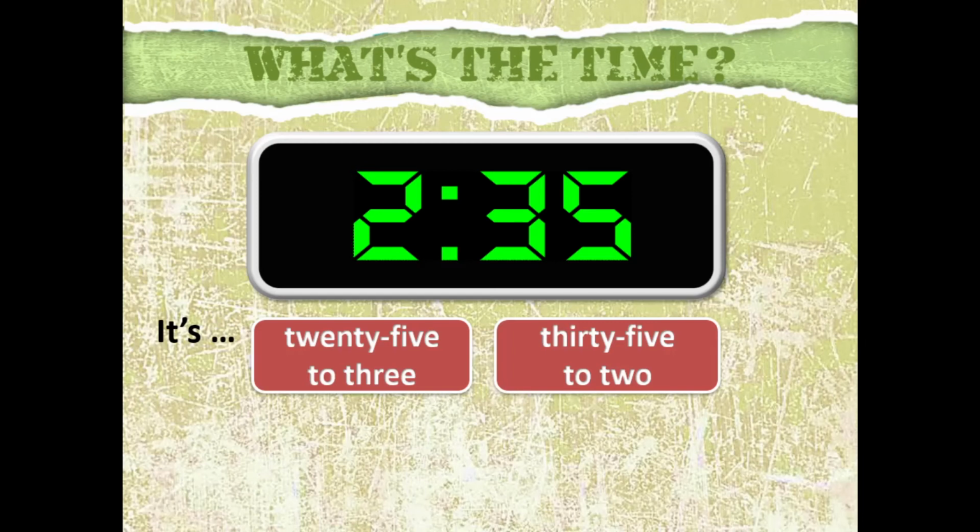Then you write number 1, and for number 1, it will be this slide, this time. Then I would like you to write it's, all right? And then choose the correct one. Is it 25 to 3, or is it 35 to 2?